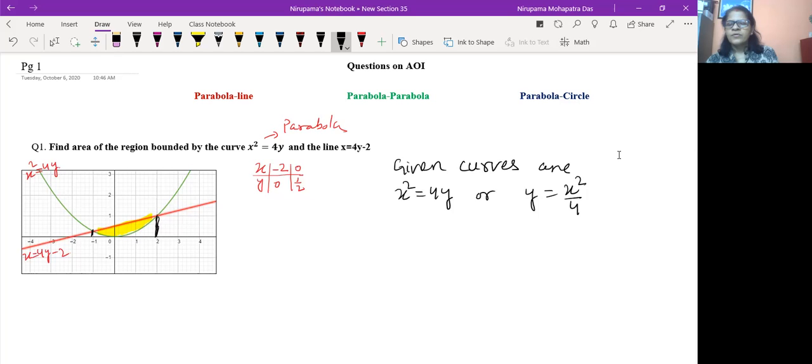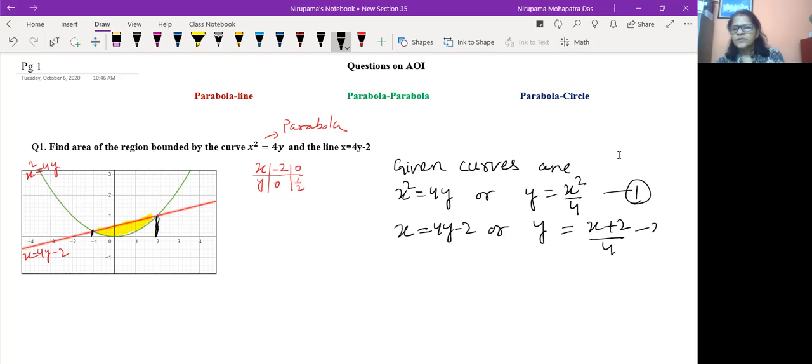This is your first equation. The second equation is the line x equal to 4y minus 2, or y equal to x plus 2 by 4. These are the two curves given to us.